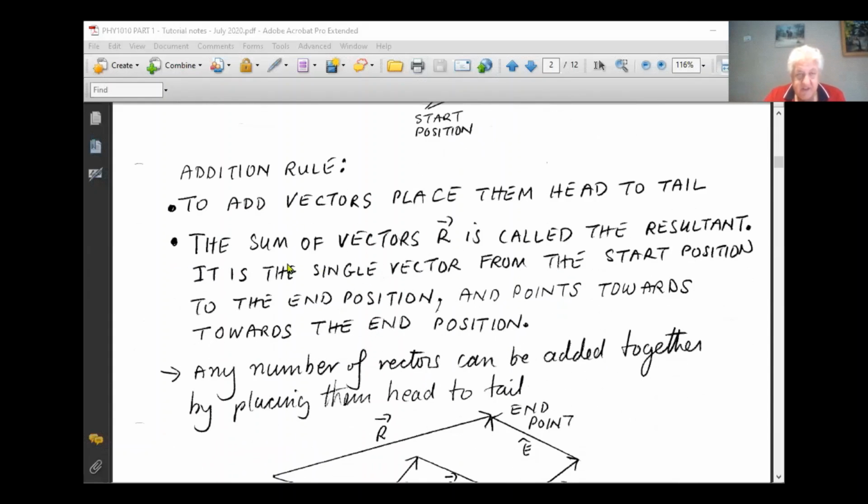So the addition rule then, to add vectors, place them head to tail. The sum of vectors R is called the resultant. It is the single vector from the start position to the end position and points towards the end position.